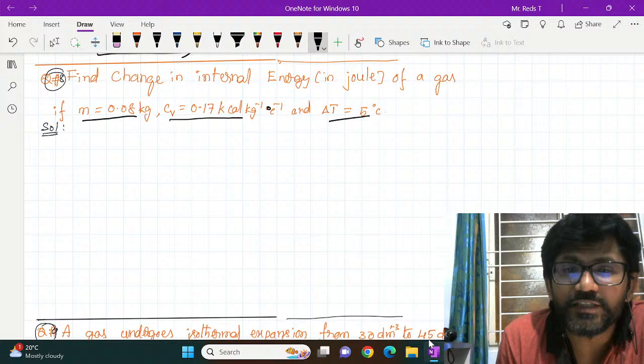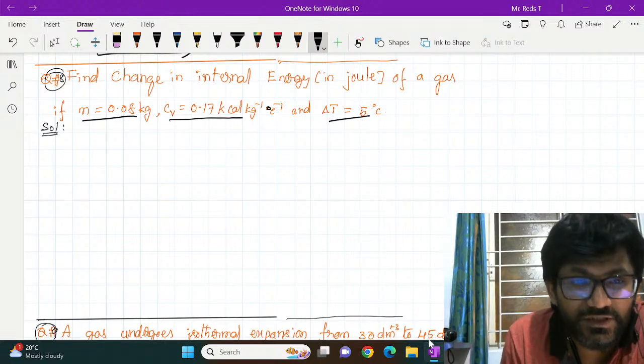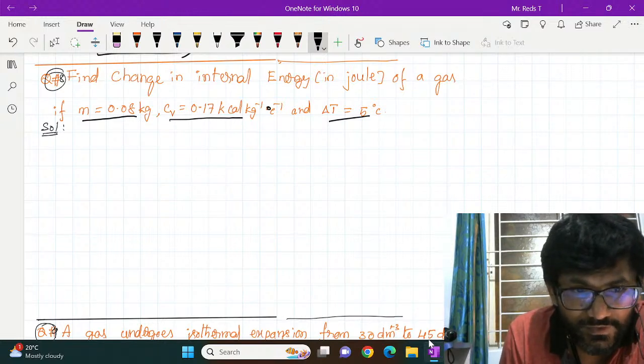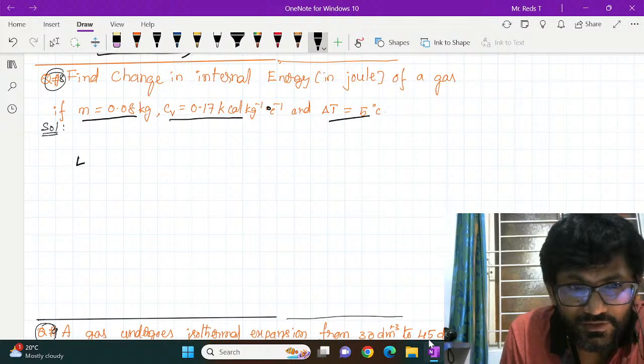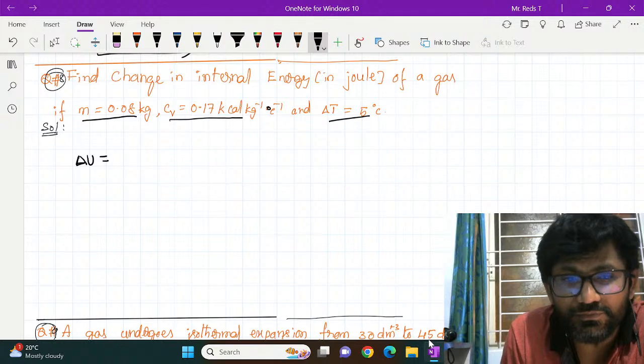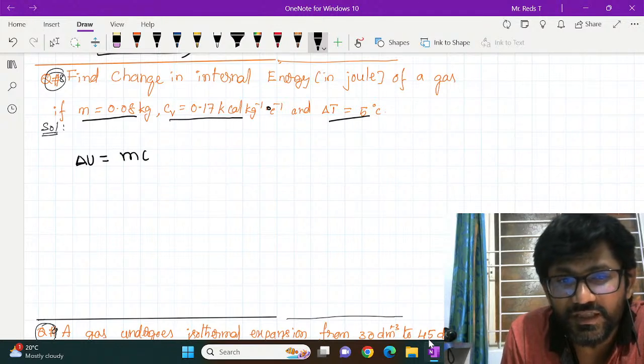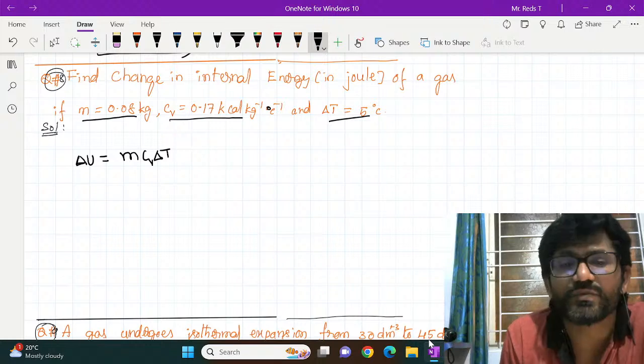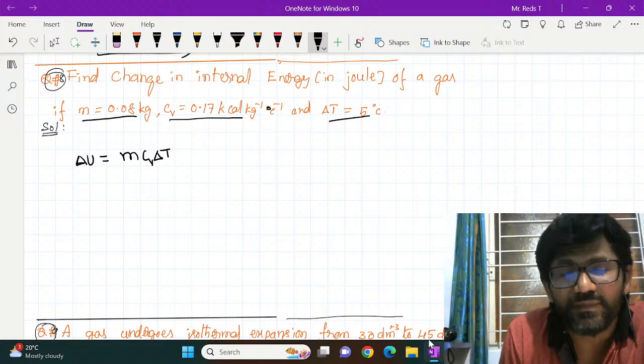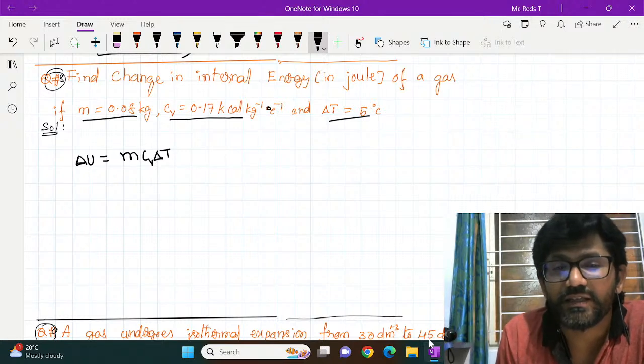The expression for change in internal energy is, as we know, delta U is equal to m C delta T. Here C is Cv, specific heat at constant volume. So based on the given data, you have to substitute the data directly.